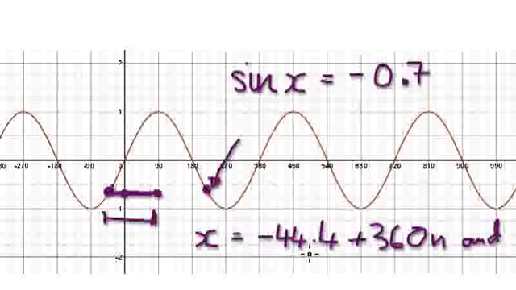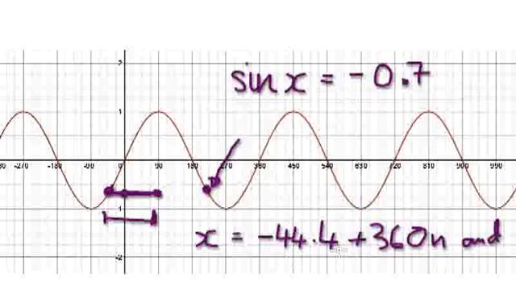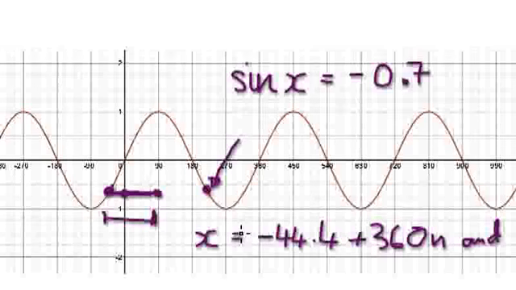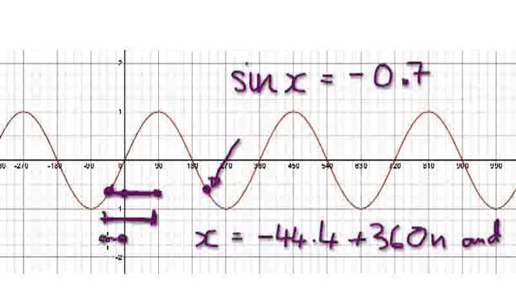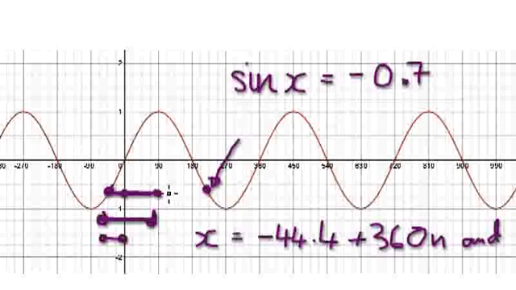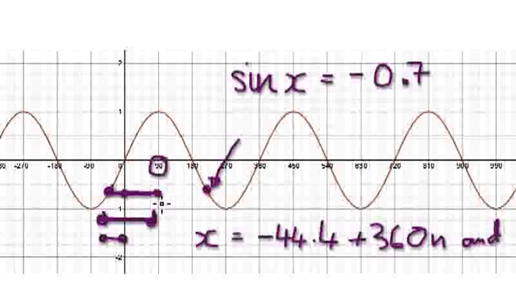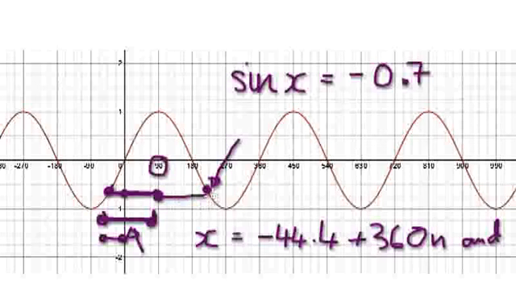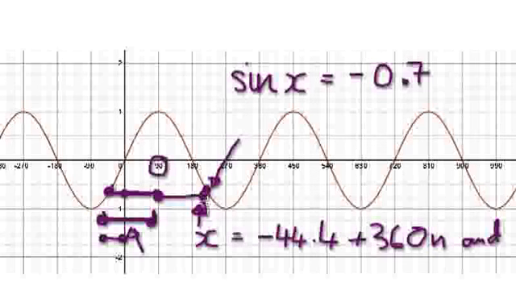Me getting 44.4 and adding 90 will give me this whole length here. Remember, I have to discard the negative because I'm just interested in the length. To find this point, I would start at 90 and then add this length, so that takes me to where I want to go, which is here.